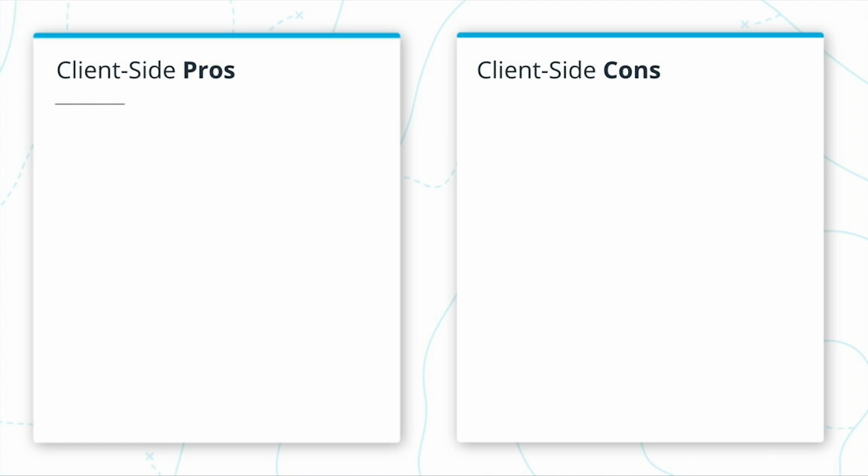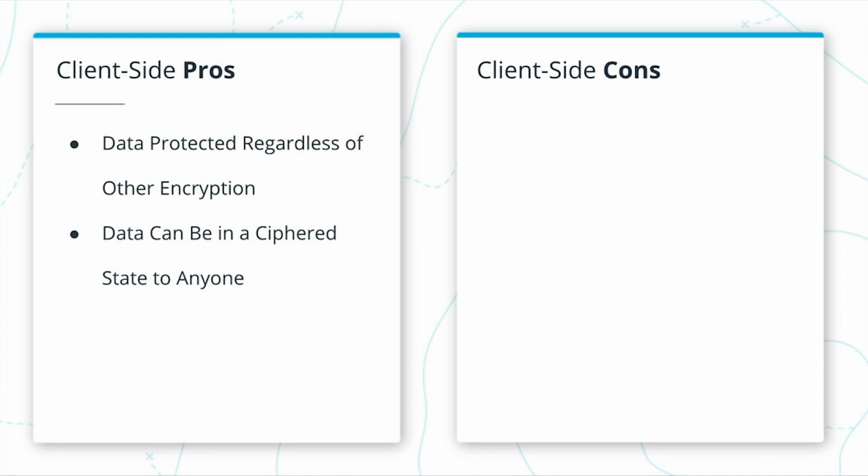Let's look at the pros and cons of client-side encryption. The data will be encrypted and protected regardless of whether server-side encryption is being used on the infrastructure side or not. Also, the cloud provider, that is AWS, or anyone with access to the underlying disk volumes will only see ciphered or encrypted data.